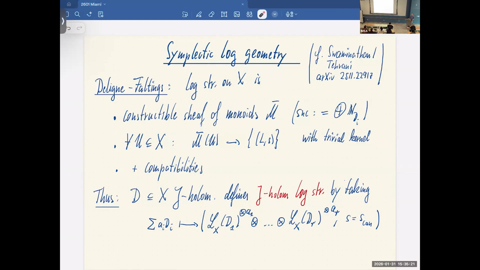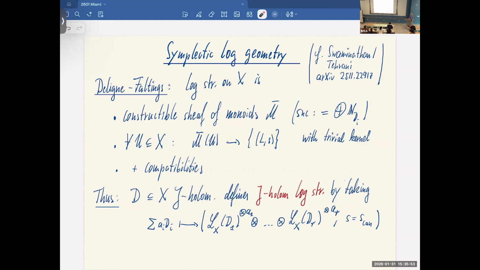containing D. And then locally you have sections over U of M bar, and these give a pair of a line bundle on U and a section of the line bundle. And so this is the structure. And then you need various compatibilities that you could, in a highbrow fashion, say is a symmetric monoidal functor between certain categories that I'm not going to introduce.